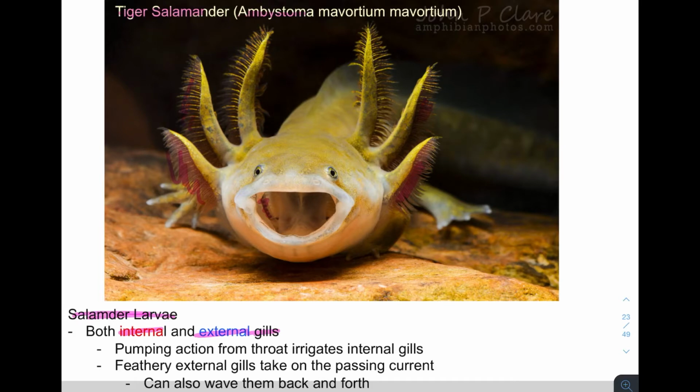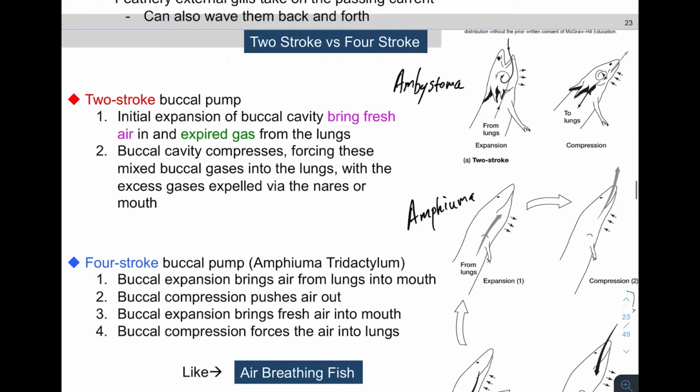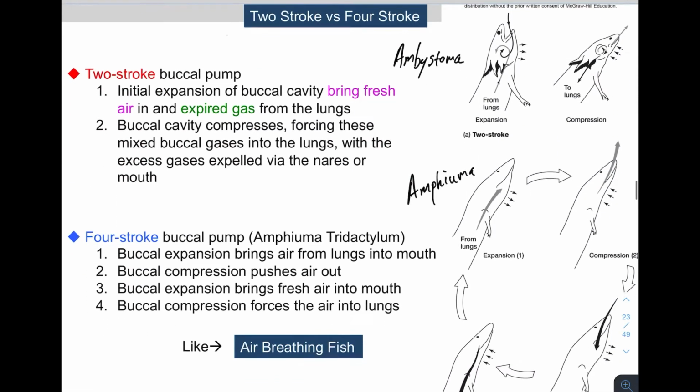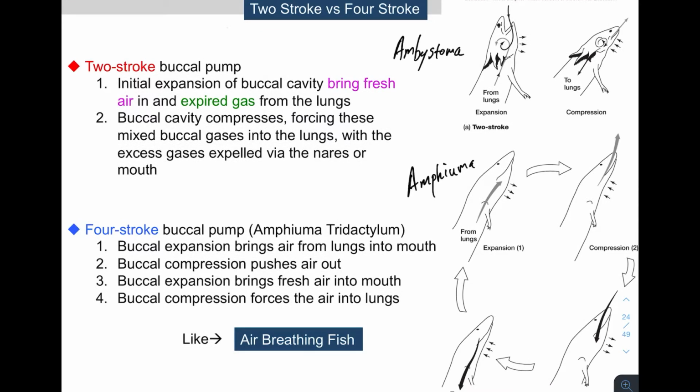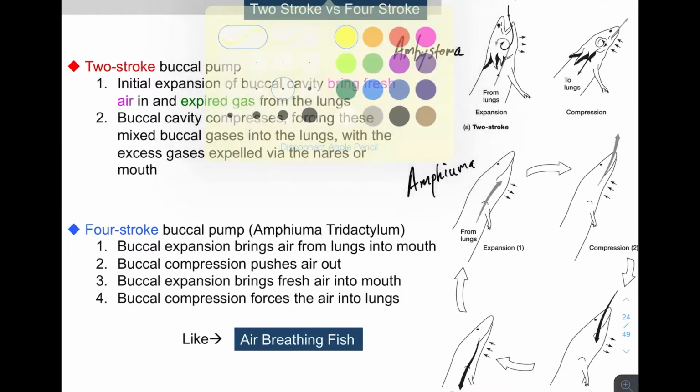Once this amphibian undergoes metamorphosis and loses the external gills, we have to be able to talk about how air can be brought to the lungs. And this is going to be a similar mechanism to what we saw with fish. There are two ways that this can happen.